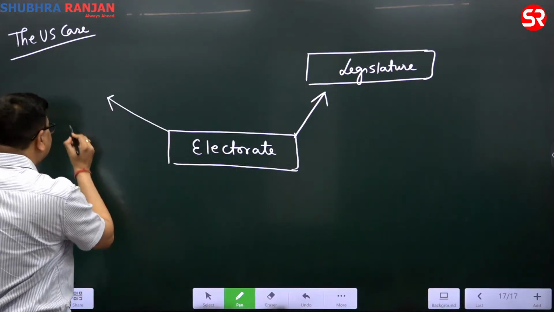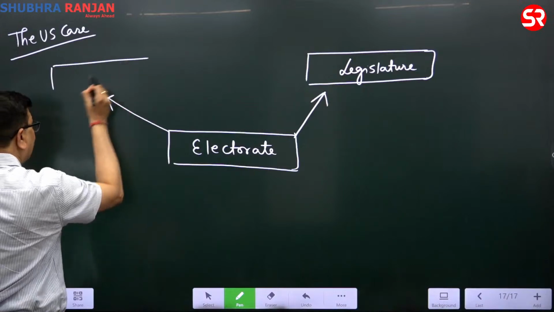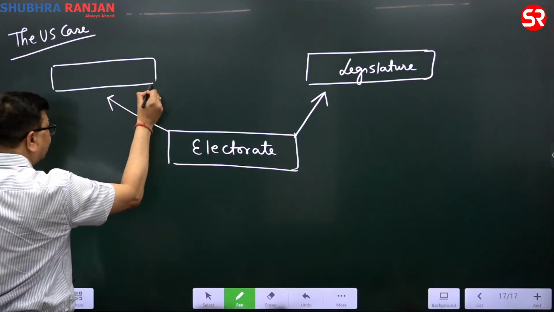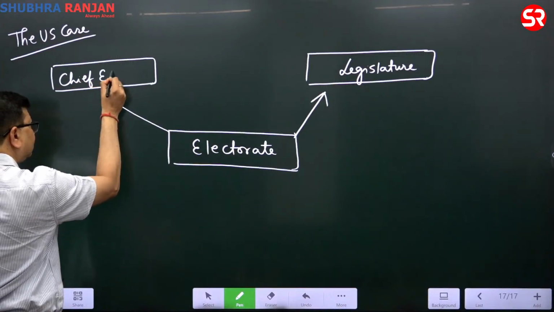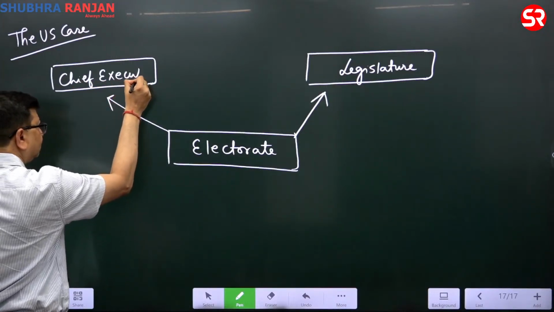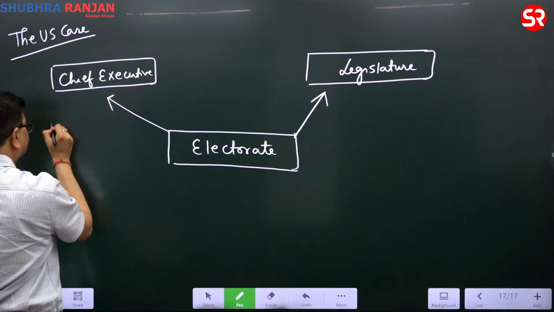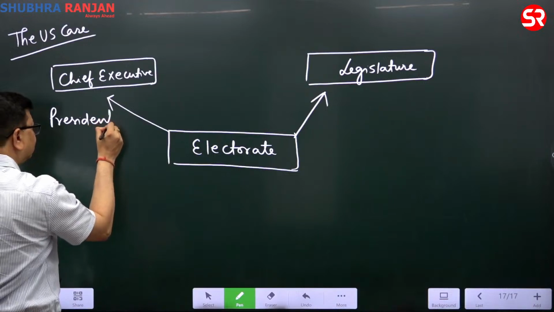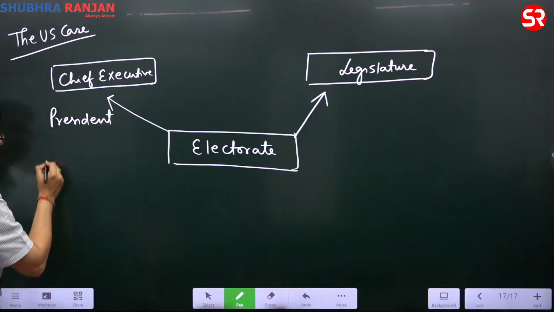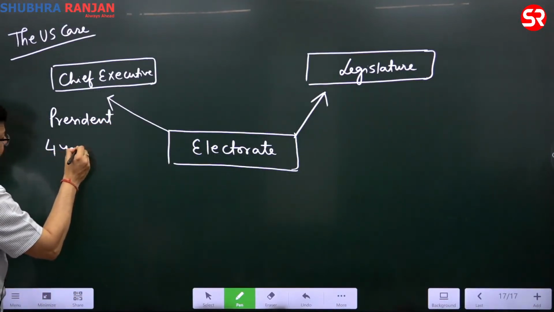And in a separate election, the US president is elected. The US president is elected for a 4 year term.